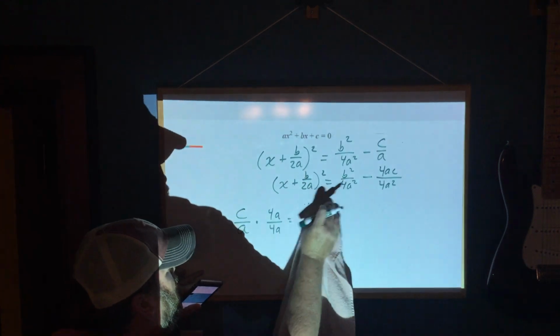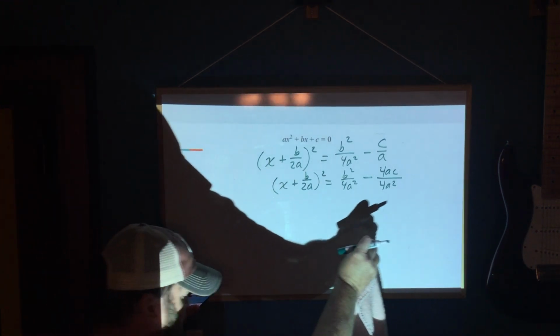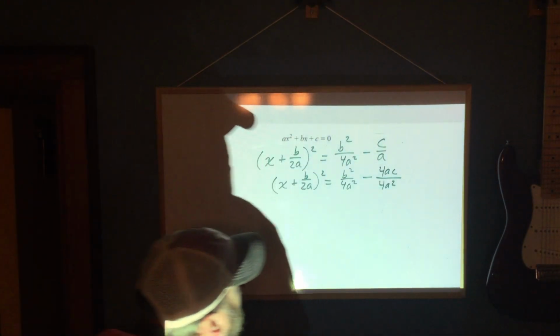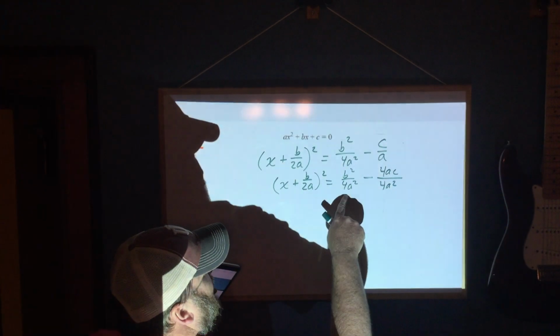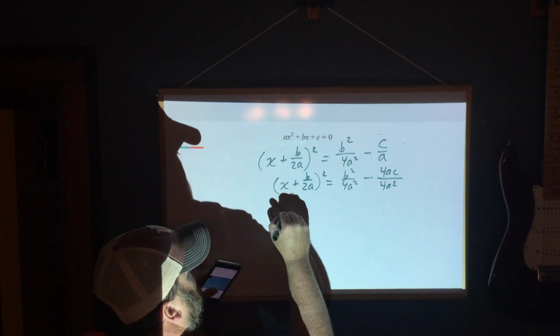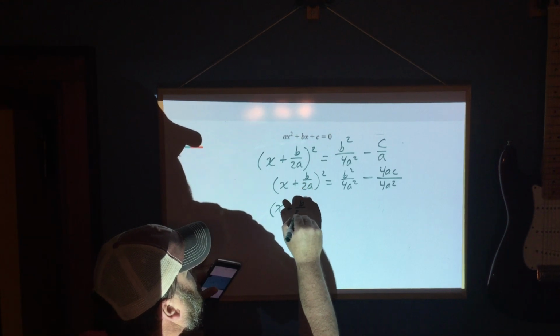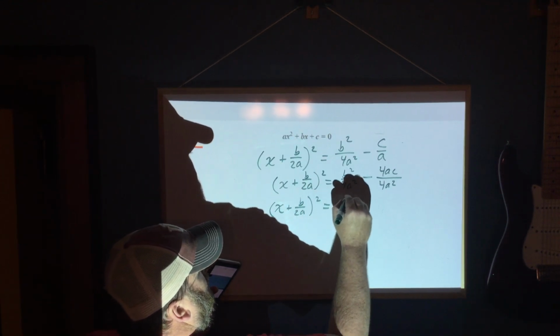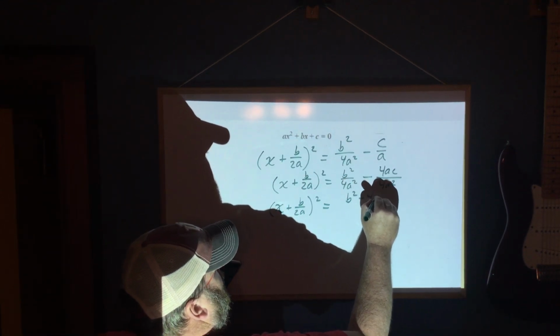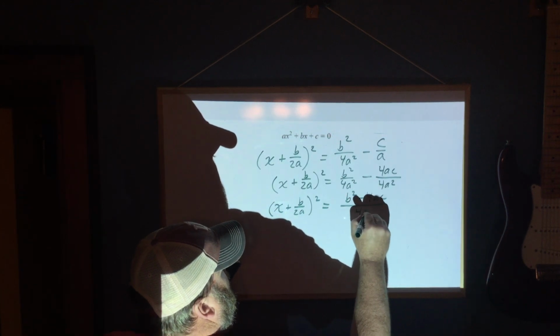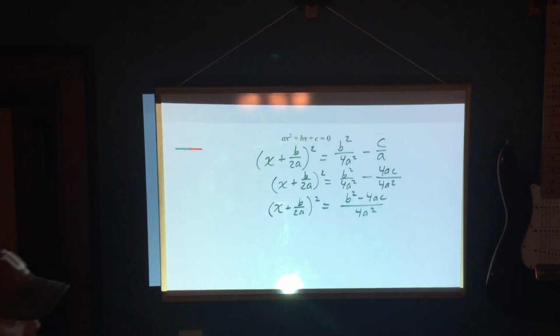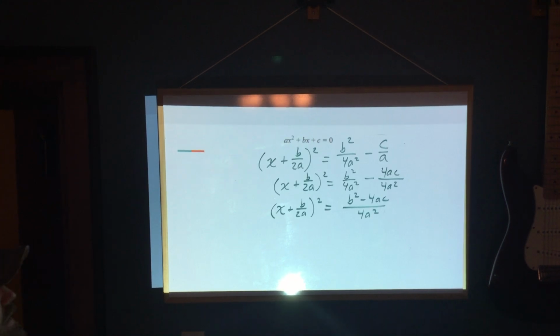Told you, this gets really, really complicated, but we'll get through it. So now that these have the same denominator, I can write them as one combined fraction. Okay, so I've cleaned that up a little bit.